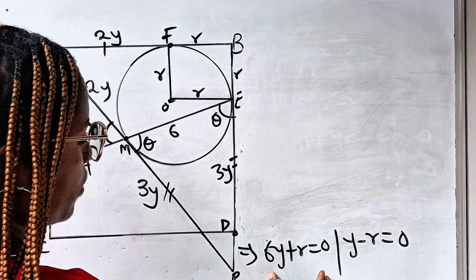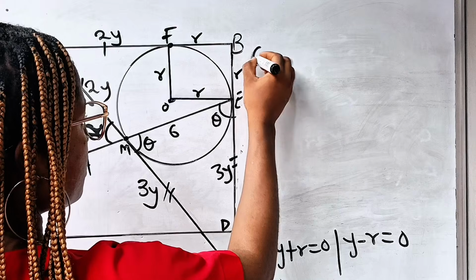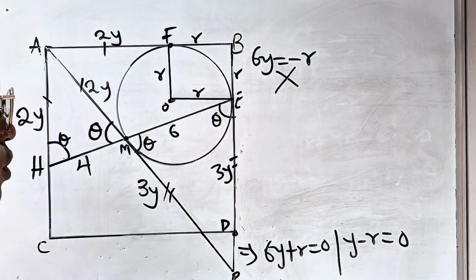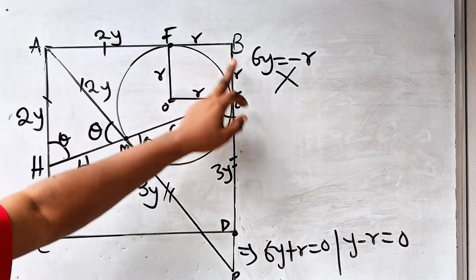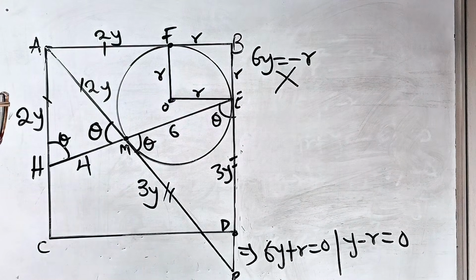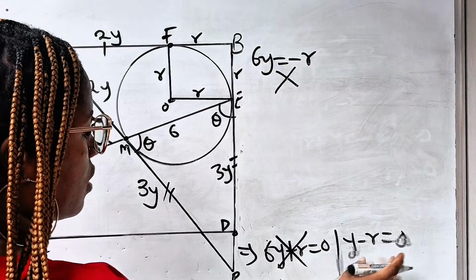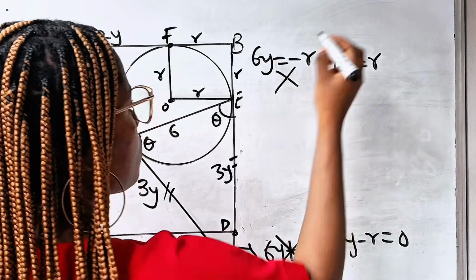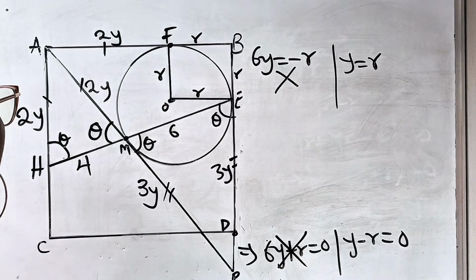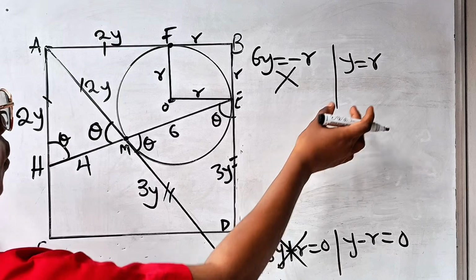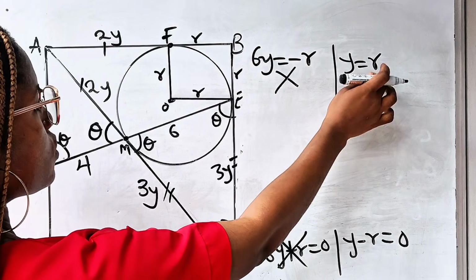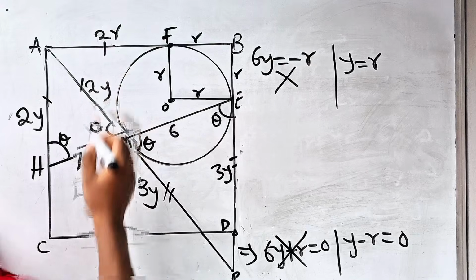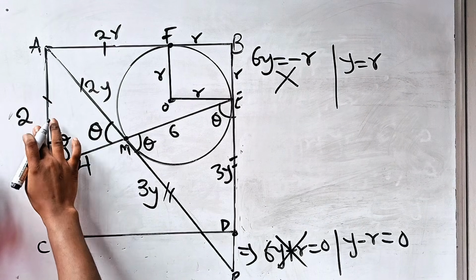So moving forward from the left, we will see that 6y is equal to negative r. And this is not possible because our r is a radius, it can't be negative. So we are ignoring this and using this, we will get from here that y is equal to r. Anywhere I see y now, I'm replacing it with r, okay? So this 2y becomes 2r. This 2y here becomes 2r.